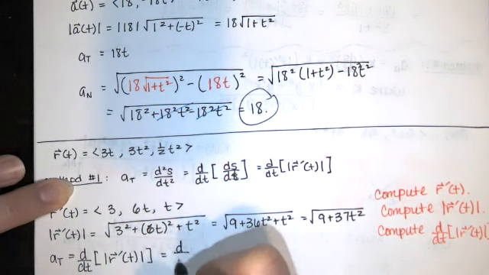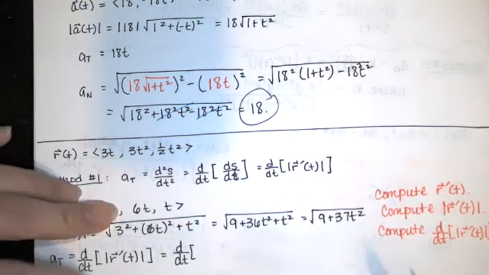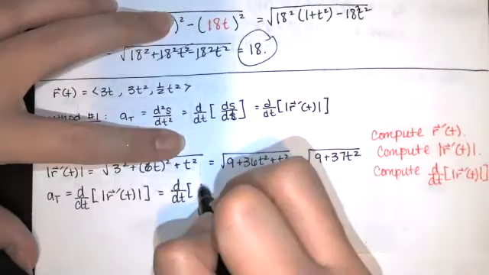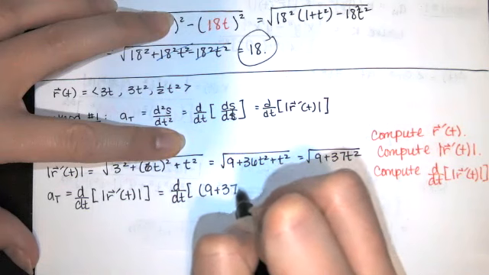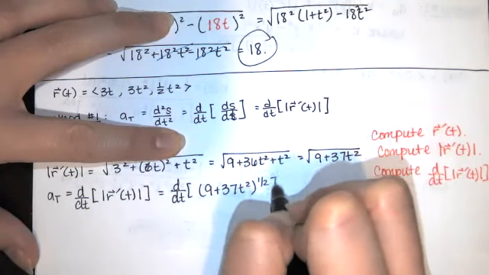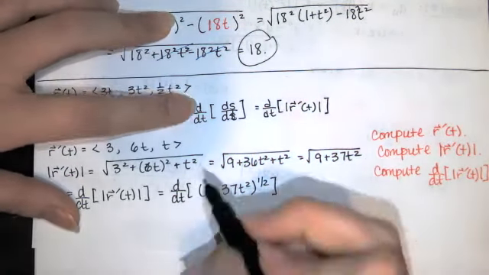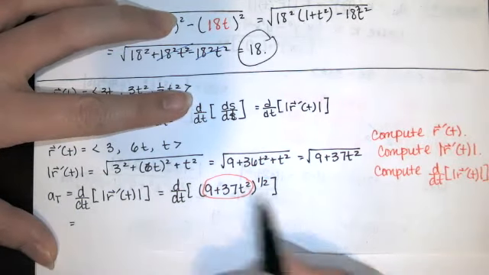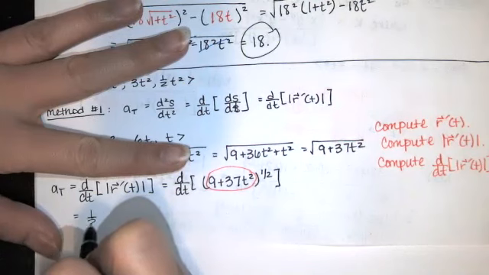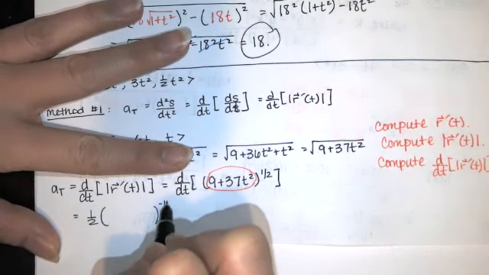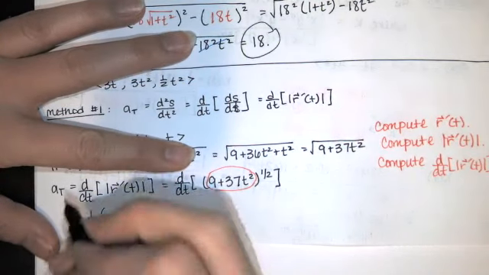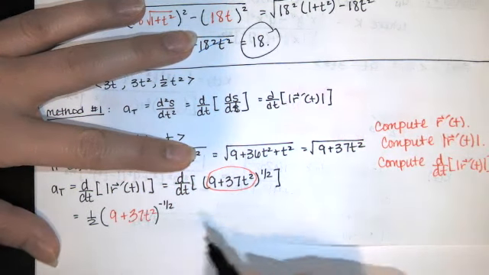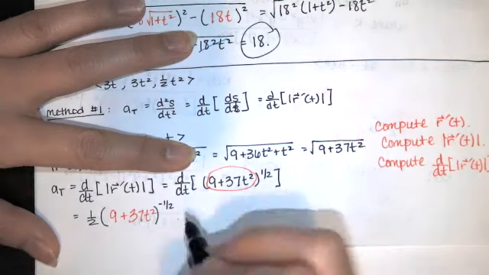So what I would recommend you do in that case is write this square root as a 1/2 power. So you have 9 plus 37t squared raised to the 1/2, and then use the chain rule. So this is our inside function. First, we're going to take the derivative of the outside. So you bring the 1/2 down, you multiply by the inside function to the 1 less power, and then you multiply that by the derivative of the inside.